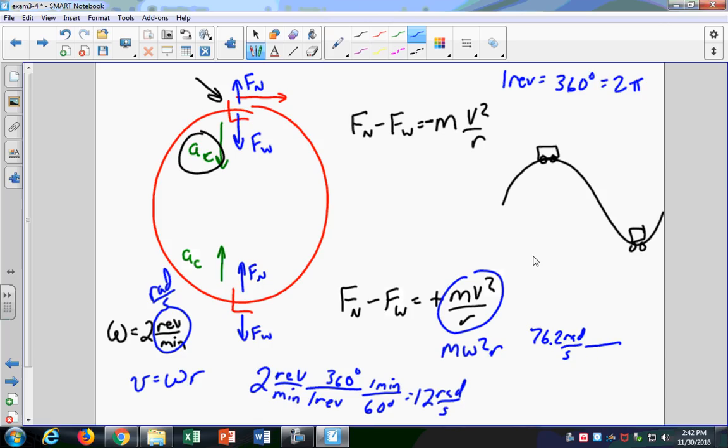We need to go to minutes. In 1 minute, there are 60 seconds. And then we're going to revolutions. In 1 revolution, there are 2 pi radians. So you need to multiply it by 60 over 2 pi or 30 over pi. Okay?